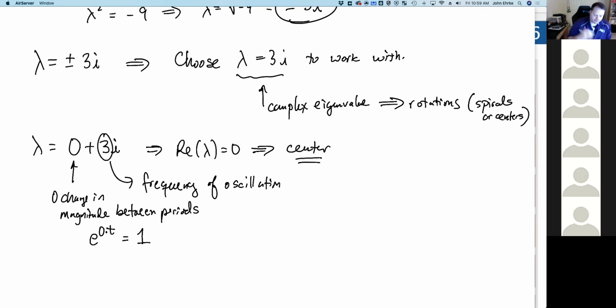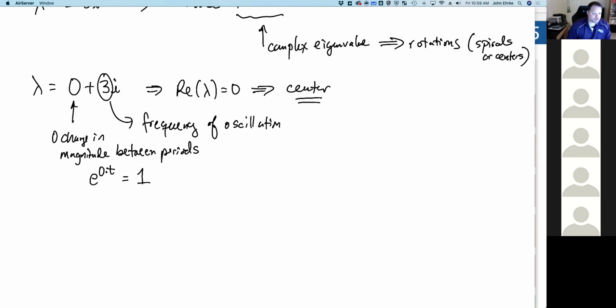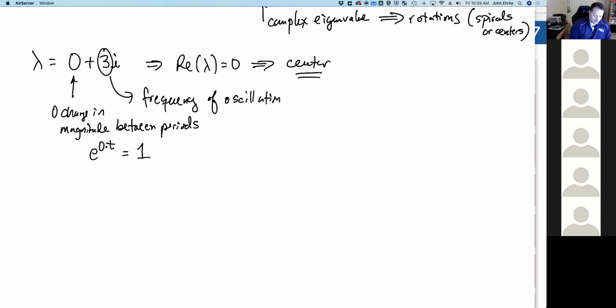Okay, so let's show what the solution is here so we can get one more complex example under our belts and make sure that we're seeing what we're supposed to see. There's only one case here. Like I said, I'm going to choose lambda equal to 3i.